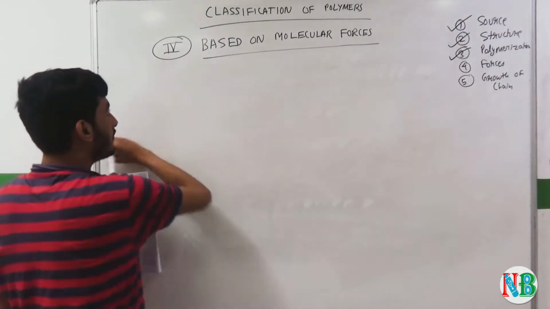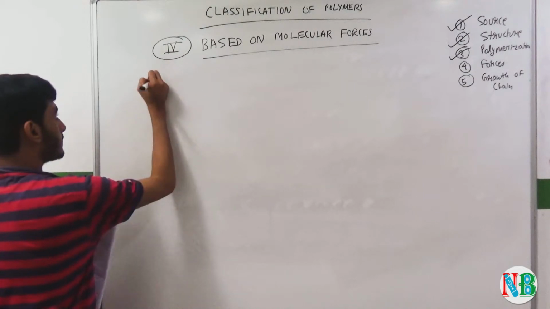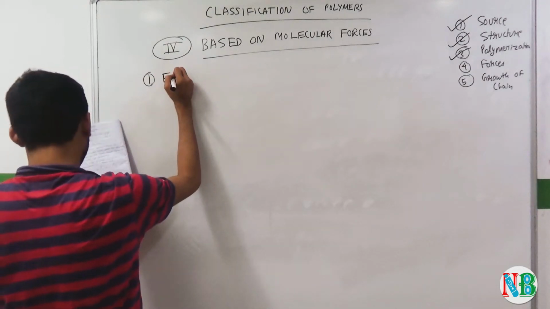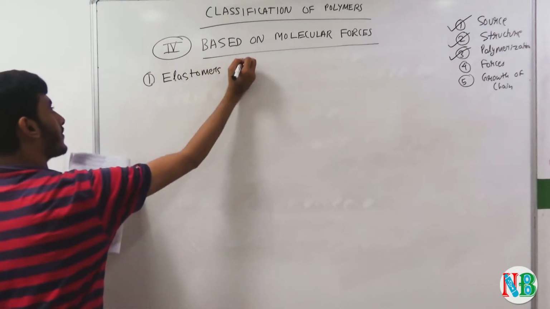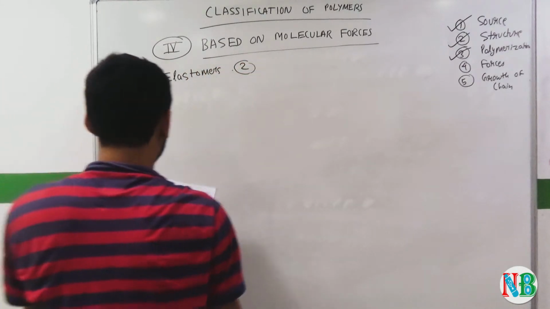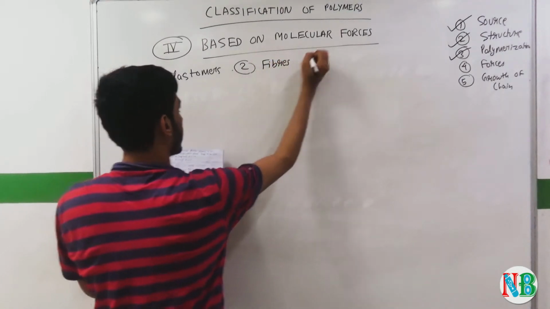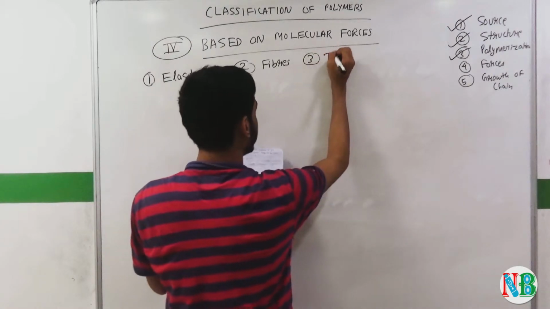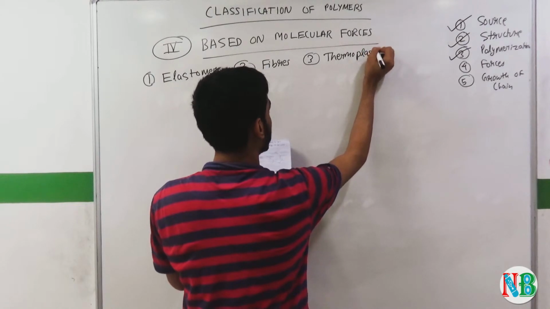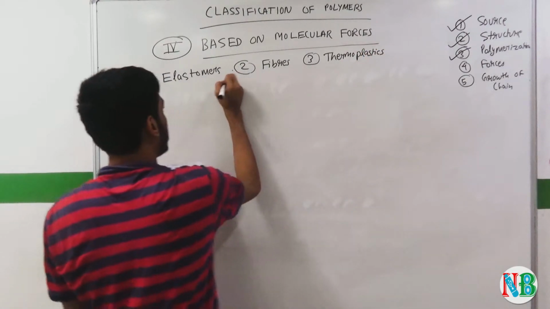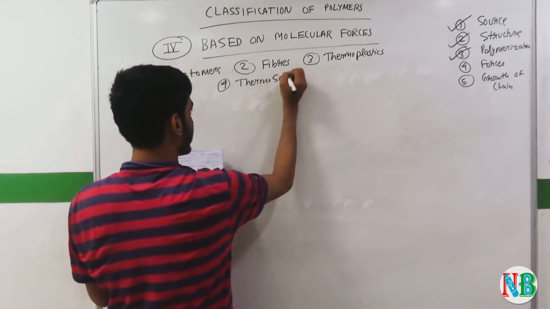Over here we see mainly 4 types: elastomers, fibers, thermoplastics, and the 4th type is thermosetting plastics.